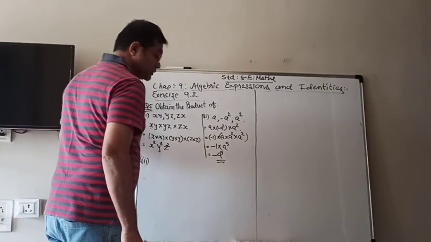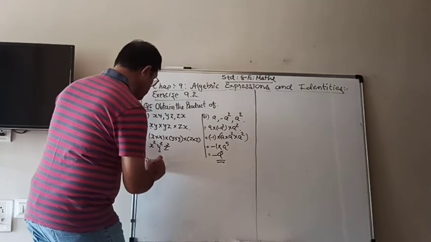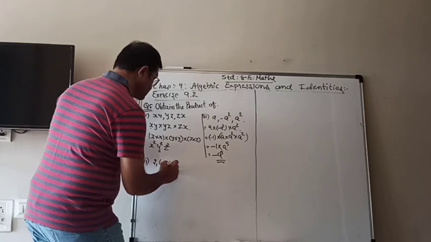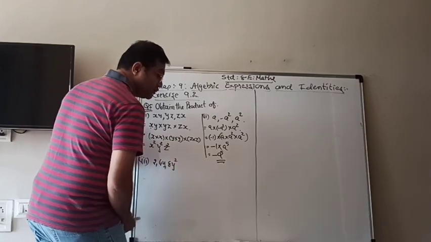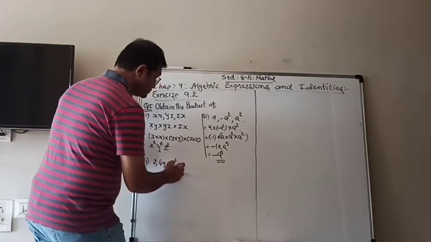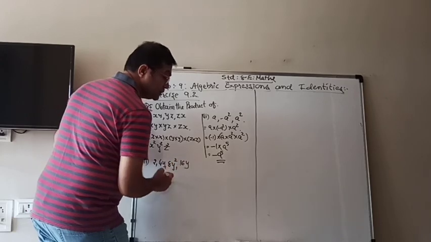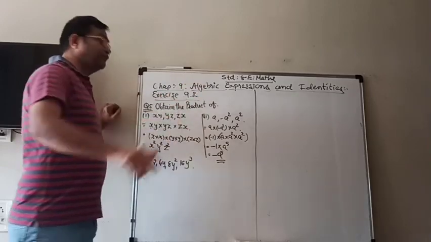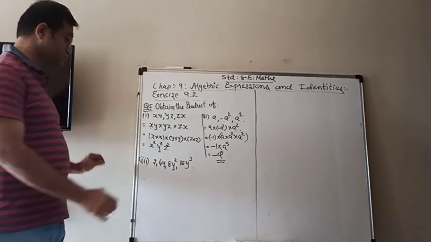Third set is 2, 4y, 8y square, 16y cube. So there are 4 monomials here.